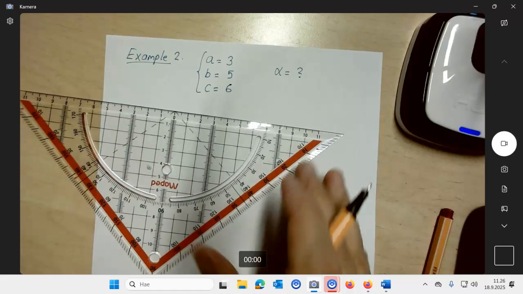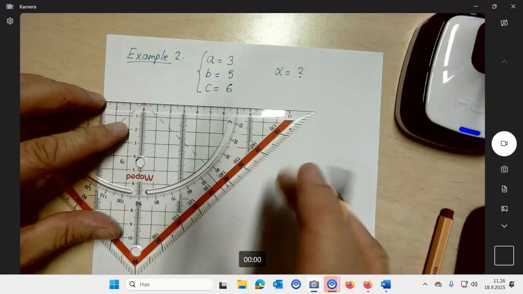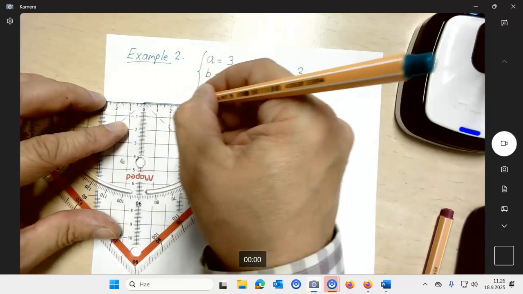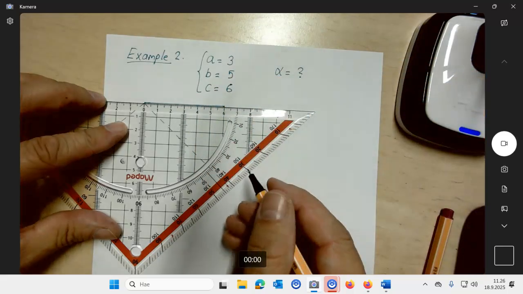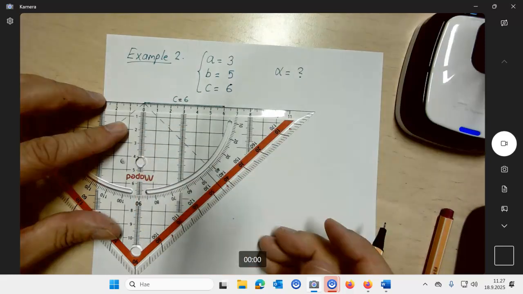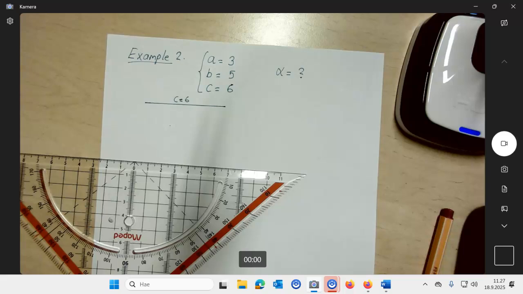I'll draw the longest one with a horizontal line, 6. It is many times easiest to draw a triangle when you start with the longest side and draw that horizontal. And then we have 5.